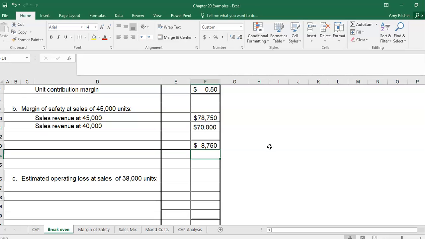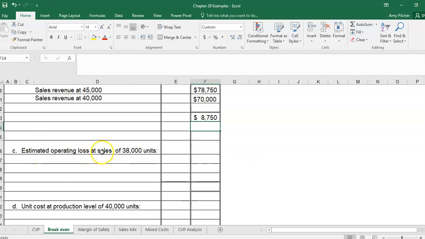Part C wants to know what is our estimated operating loss at sales of 38,000 units. So our sales revenue at 38,000 units is 38,000 times $1.75 sales price each.